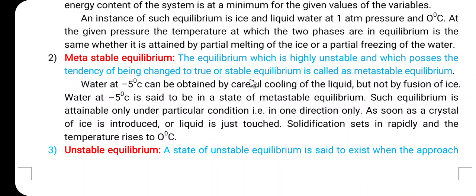Once again, the equilibrium which is highly unstable and which possesses the tendency of being changed to true or stable equilibrium is called the metastable equilibrium. When we add a small amount of ice to the supercooled water, or just touch it, immediately the solidification takes place and the metastable equilibrium is converted into the stable equilibrium. So, this is the second type.